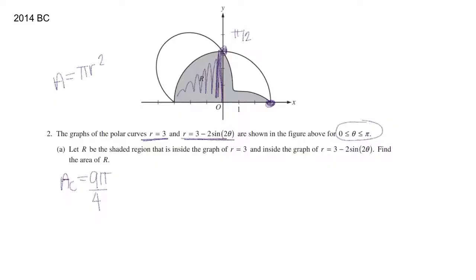So our total area, when we put all of this together, is 9/4 pi plus our area formula, 1/2 the integral from 0 to pi over 2 of our radius squared, and the radius here is 3 minus 2 sine 2 theta, d theta.